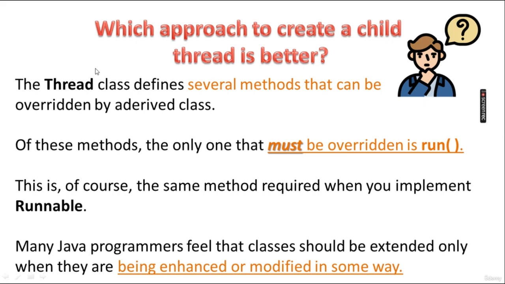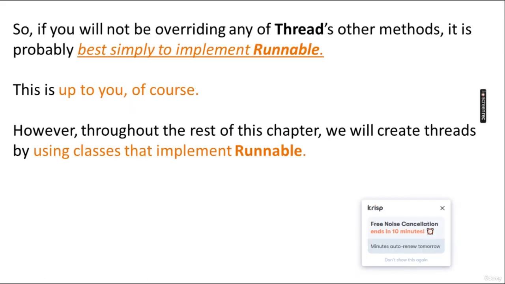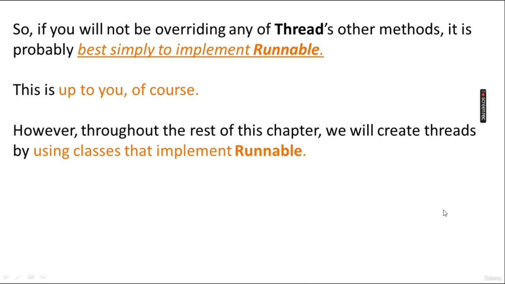For that purpose only you should extend the Thread class. For other things, where you are not modifying that thread, you can directly implement the Runnable interface. So if you will not be overriding any of the Thread's other methods, it is probably best simply to implement Runnable. Whenever you are modifying a thread object, you can extend the Thread class.